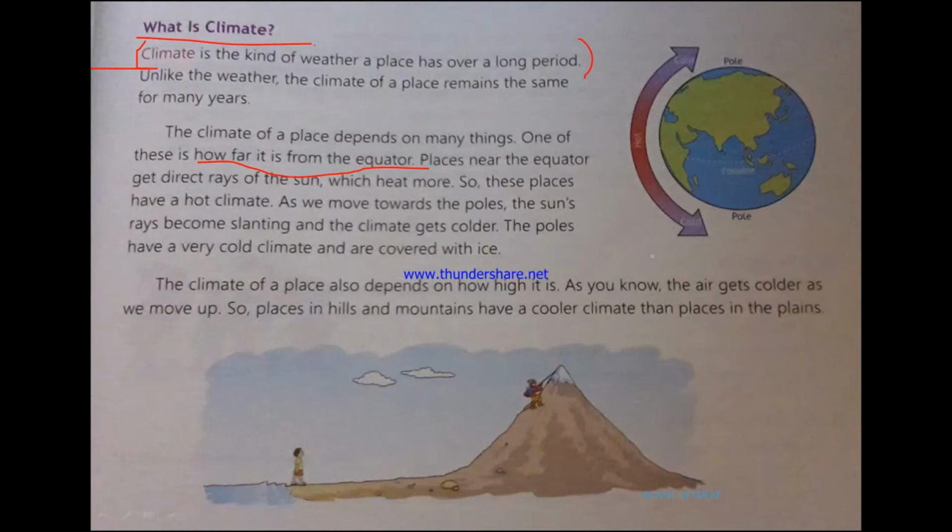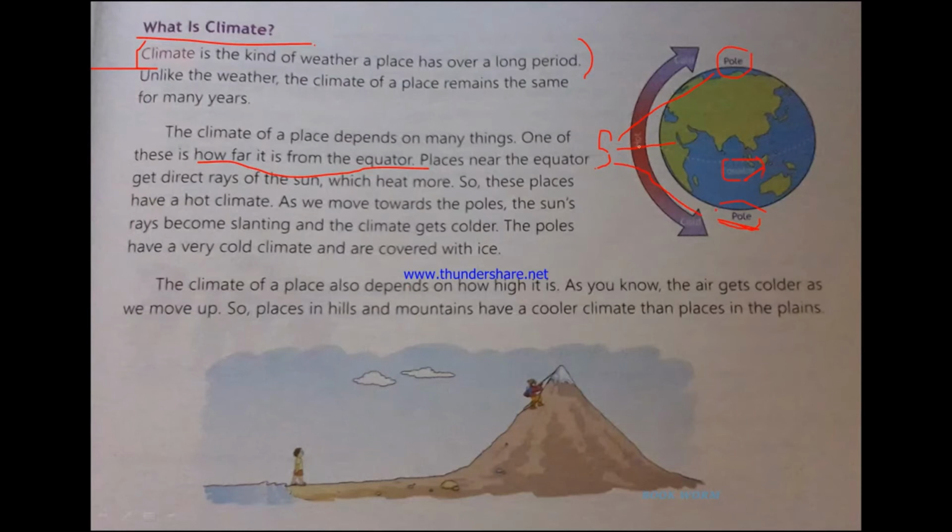See this picture you have in your book. Suppose you have the sun here, and this is the equator. Here the sun rays are direct. But if you see the poles, the sun rays are slanting and longer.